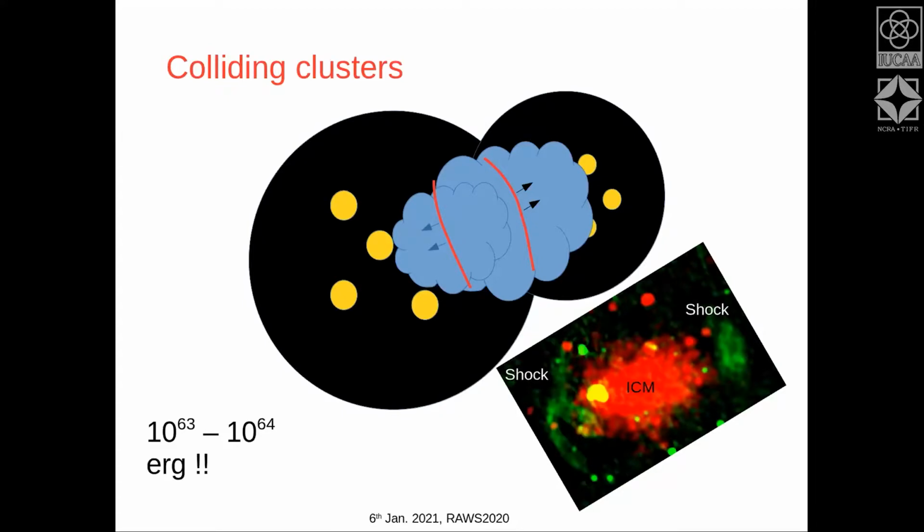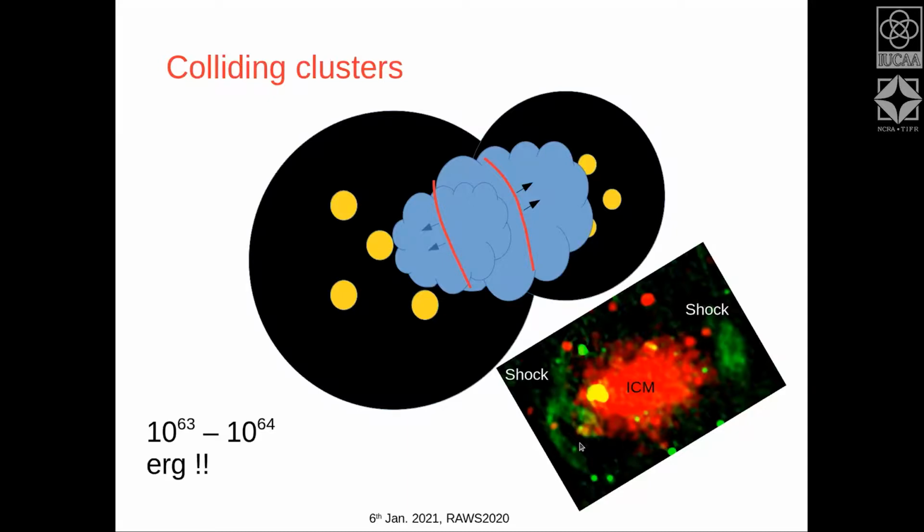These shocks are visible in radio. They are also visible in X-rays, but given that the electron densities are very low here for the thermal electrons, X-ray detection of shocks at the outskirts of clusters is very, very difficult. But radio bands provide you that facility because electrons are reaccelerated at shocks, and you can trace these shocks in radio bands.